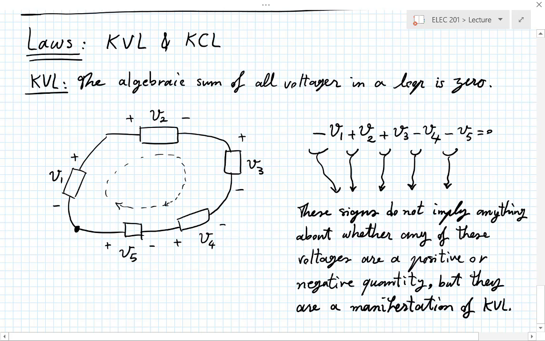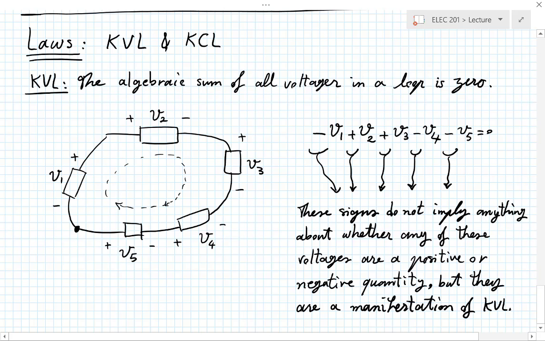Now, I started by saying that when I go through a loop, I personally prefer it when I see an element and I end up encountering the minus sign first and then the plus sign. I like to add a negative sign. And if I see an element whose plus side I encounter first, I include a plus in the KVL.